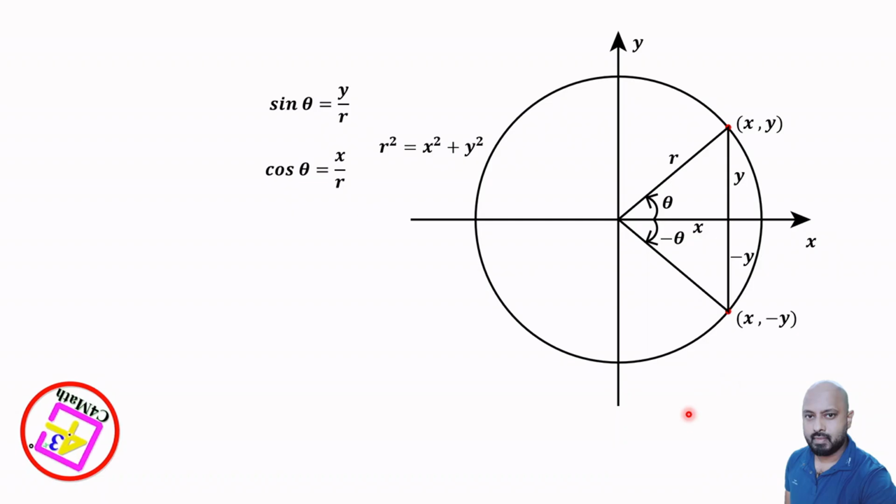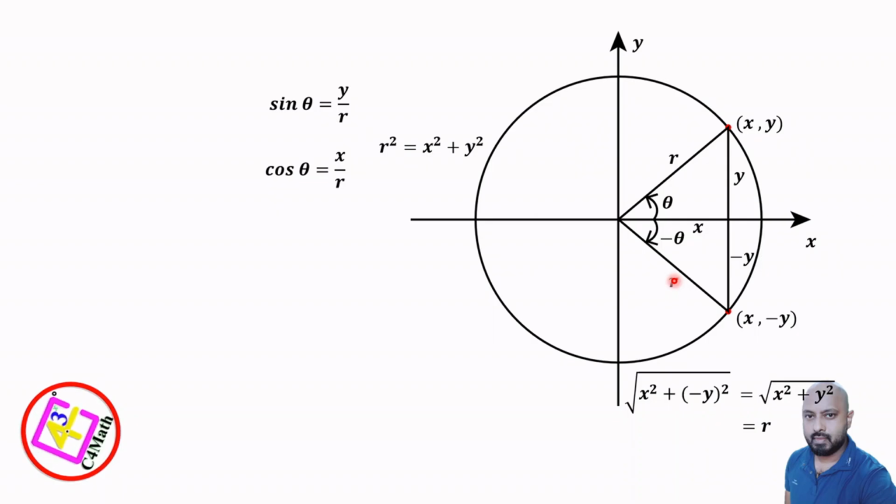That side is equal to root of x square plus the other side, negative y, whole square. We know negative y whole square is y square, so we can write root of x square plus y square. We know r square is equal to x square plus y square, so r is equal to root of x square plus y square. Instead of root of x square plus y square we can write r. That means we got this length r.